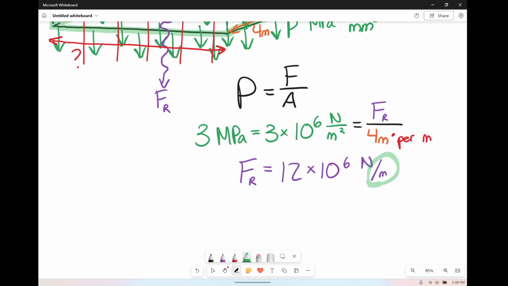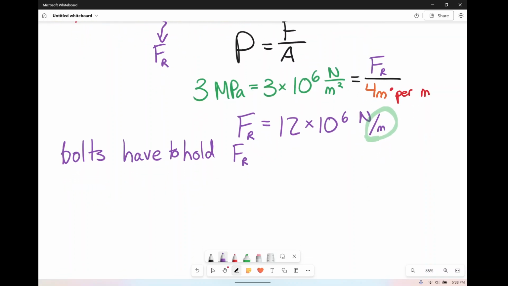So the bolts here, these bolts that are holding the seam together, have to hold our force resultant. They have to resist this force.